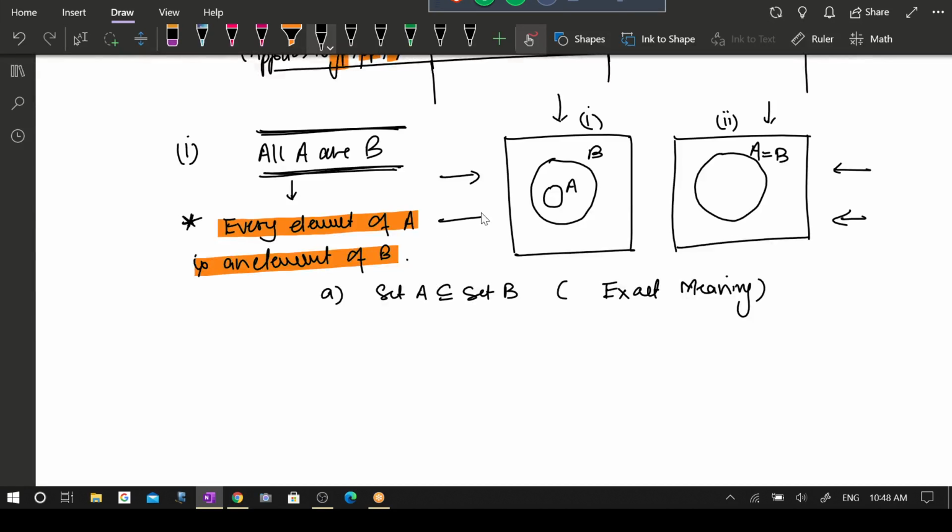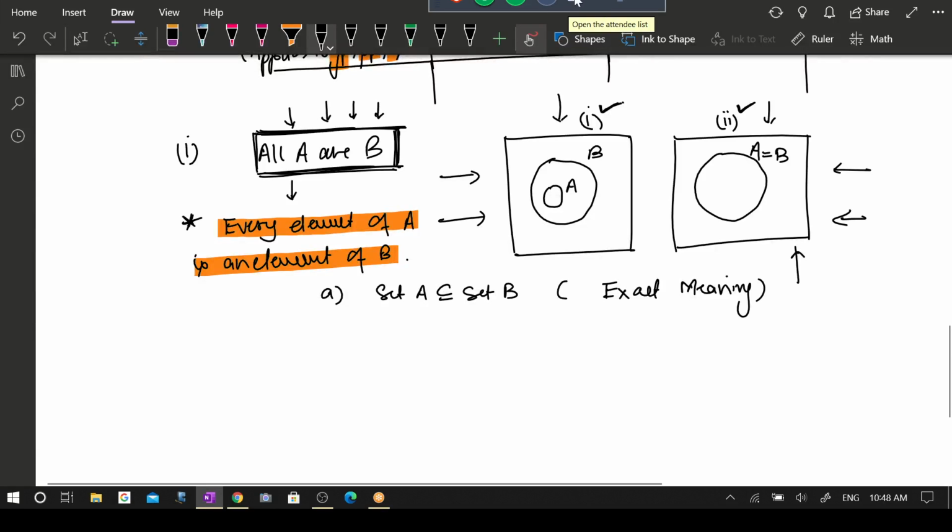Now a lot of people say, sir, picture 2 also gives every element of B is an element of A. When we talk about all A are B, I am least bothered about elements of B. I don't care whether possibility 1 or possibility 2 is there. We have to think of both possibilities whenever we talk about all A are B. Is it clear, guys?